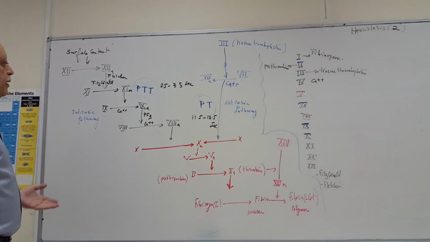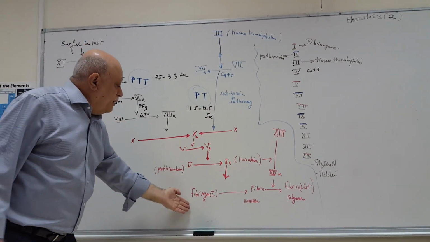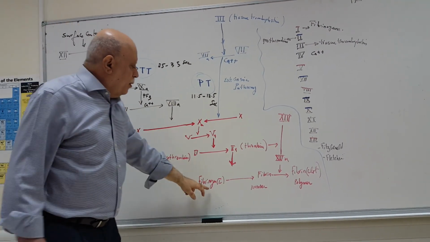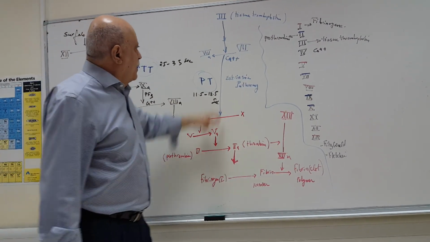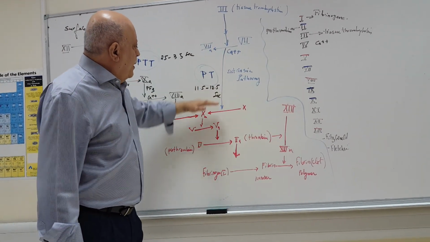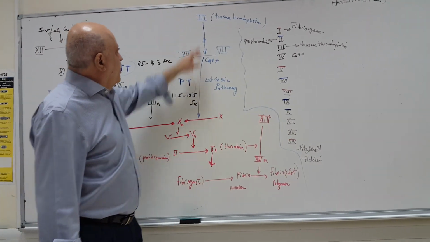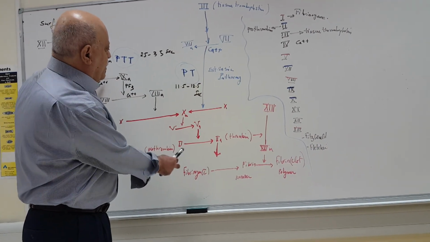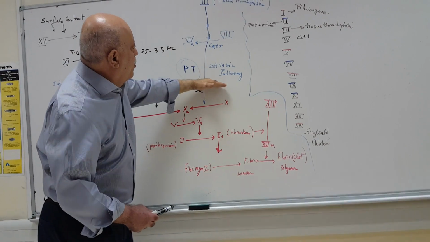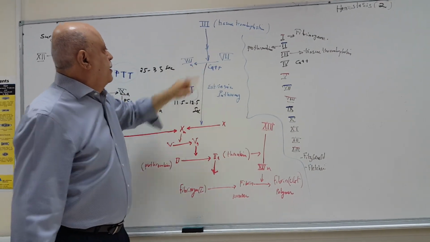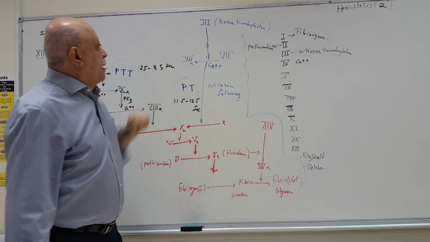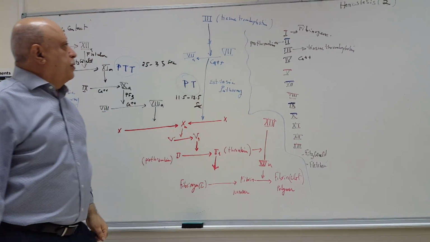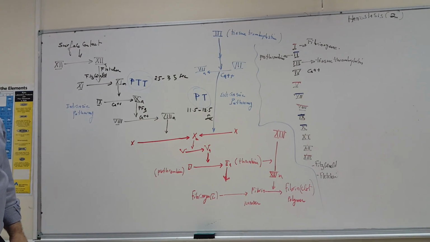In other words, if PTT is normal, it means everything from here to here is normal. If this is normal and this is abnormal, it means one from here to here is abnormal. Since we already decided that PTT is normal, it's not going to be here, it's going to be from here up. It's most likely factor 7, not calcium because we added it, and not tissue thromboplastin because we added it.